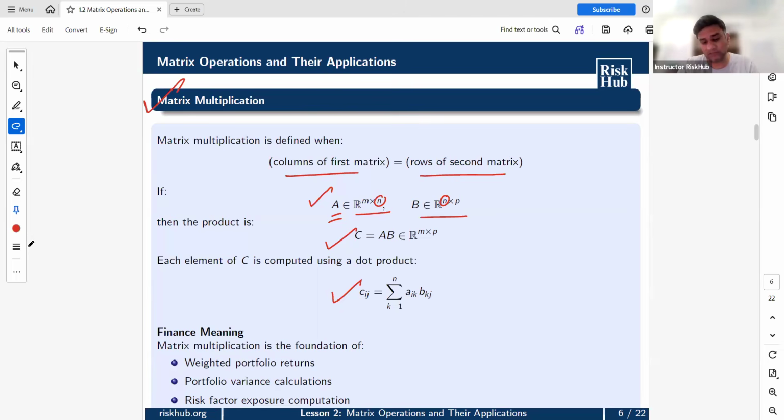Because almost everything in finance is your exposure times movement, right? If you look at finance, almost everything is about how much exposure you have and how much movement has happened.